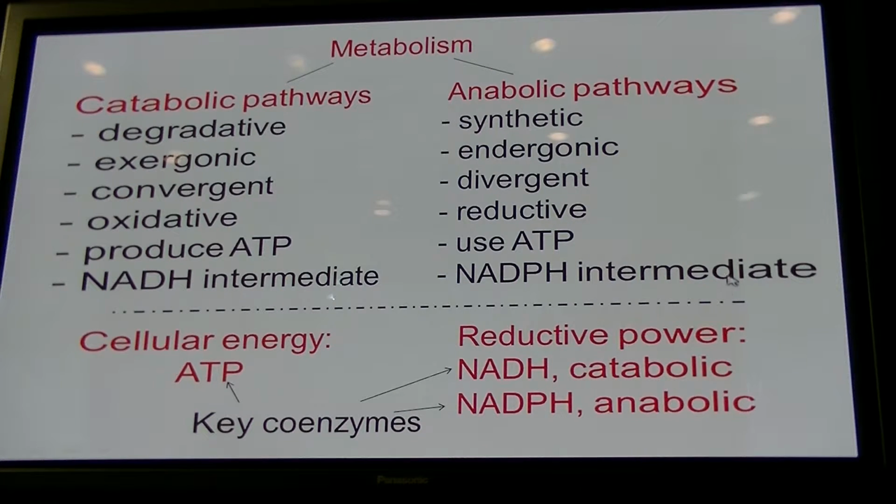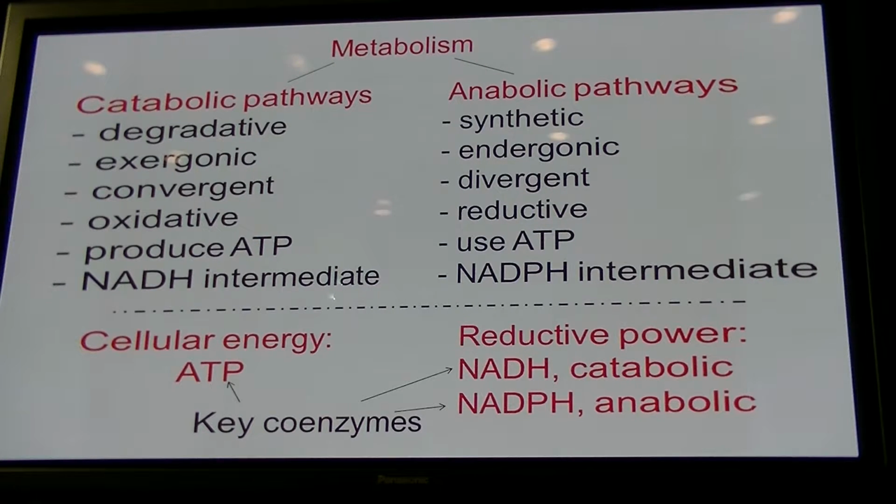In contrast, in anabolic pathways, we typically have a very similar molecule, NADPH, where there's an extra phosphate.